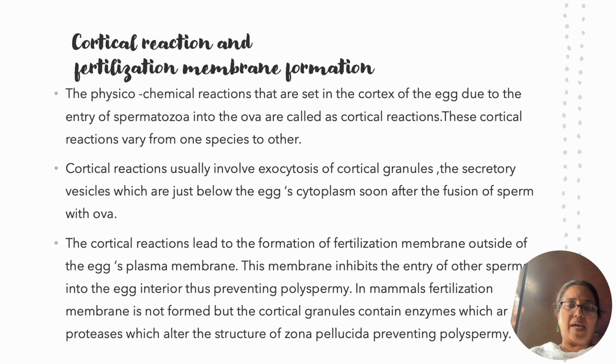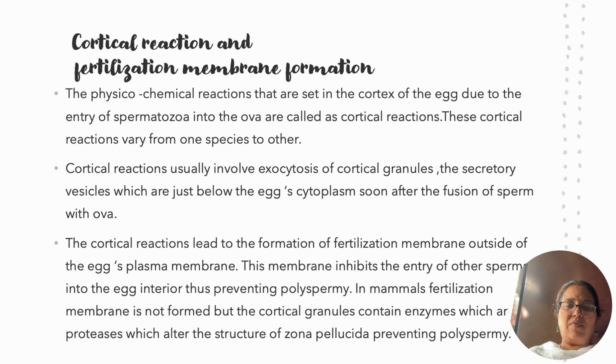The cortical reactions lead to the formation of the fertilization membrane outside of the egg's plasma membrane. This membrane inhibits the entry of other sperms into the egg's interior, thus preventing polyspermy.